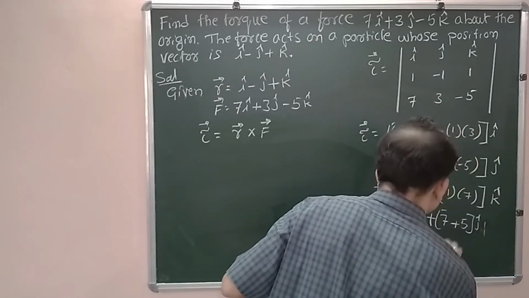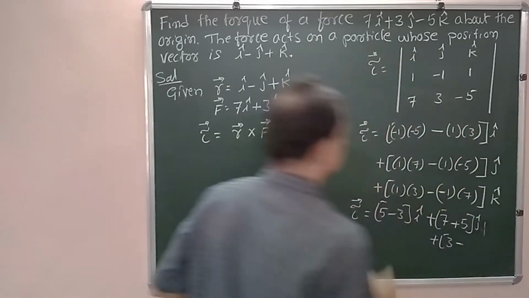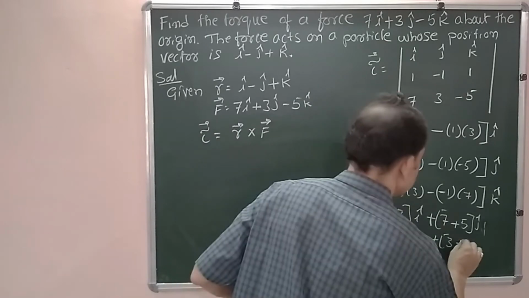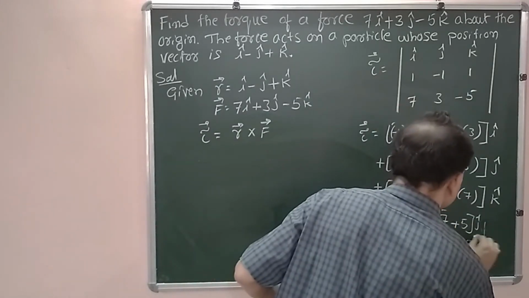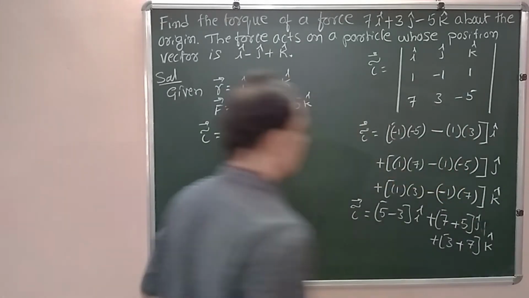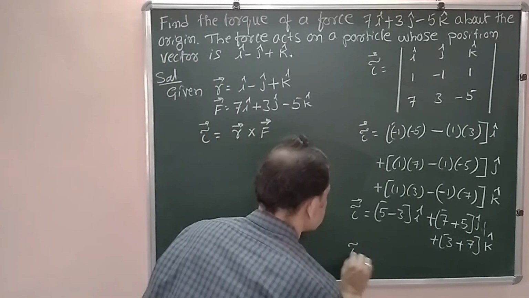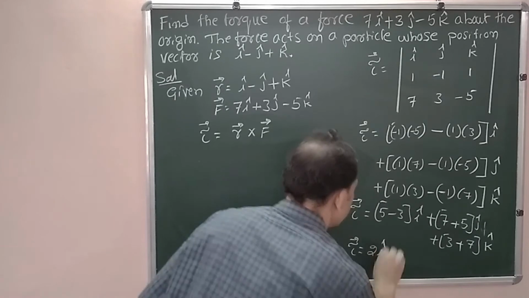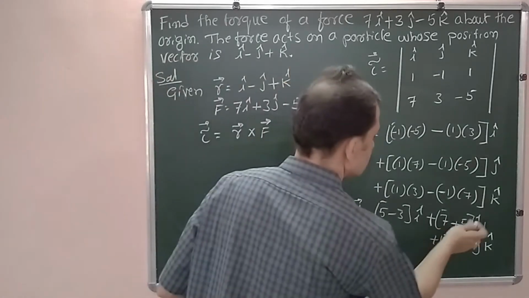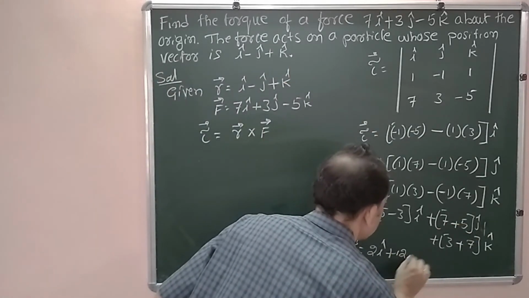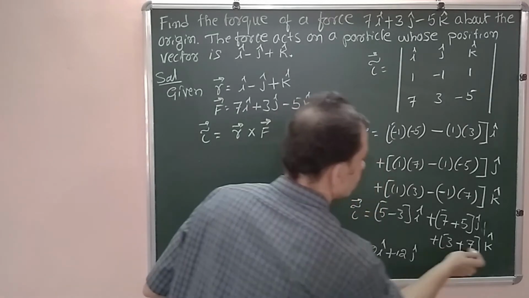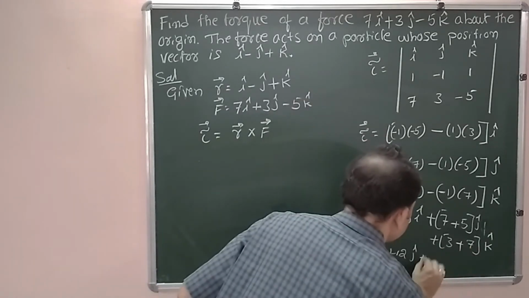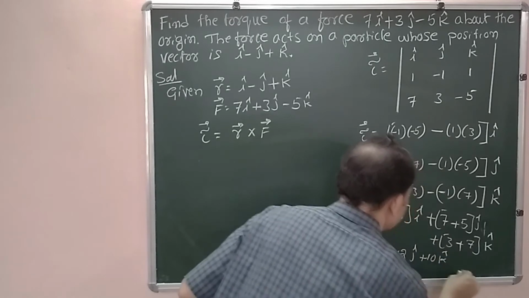I will write the third term here: 3 minus into minus plus 7 into k cap. Simplifying this, I get 5 minus 3, which is 2 i cap, 7 plus 5, which is 12 j cap, 3 plus 7, which is 10 k cap.